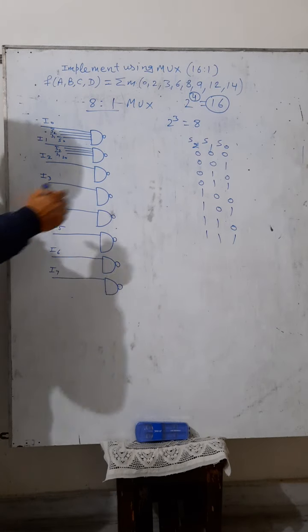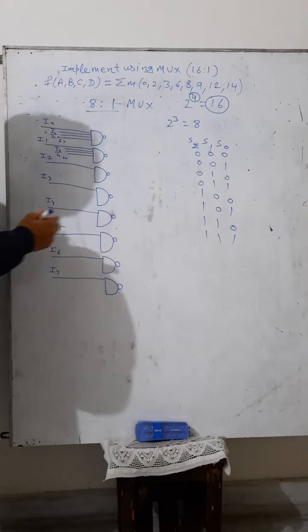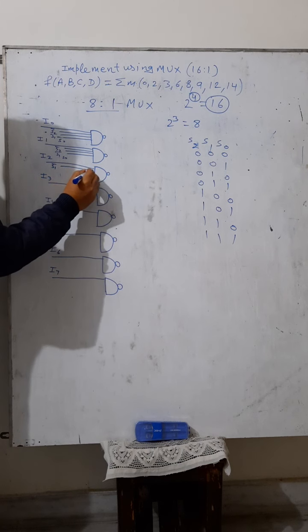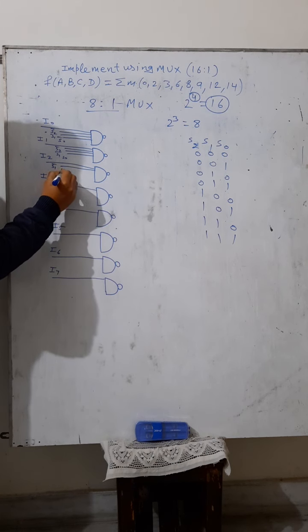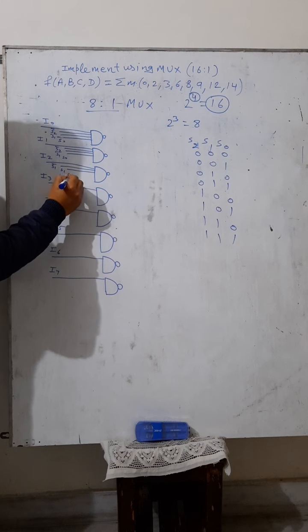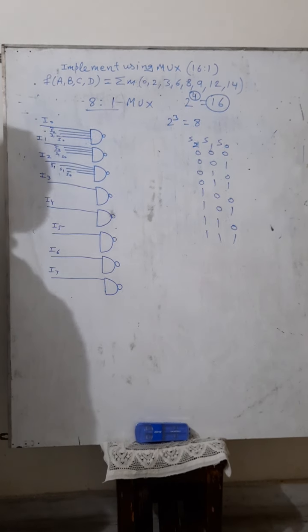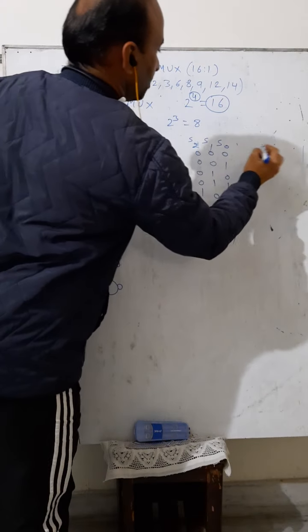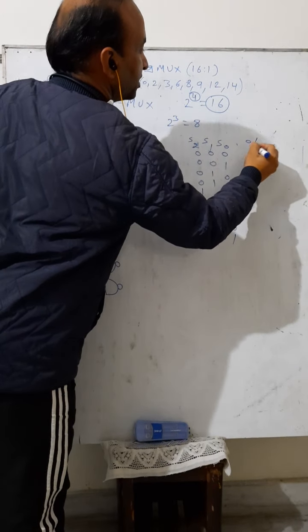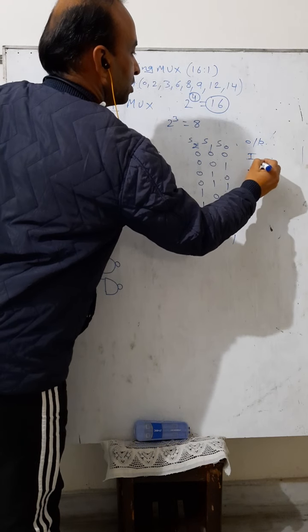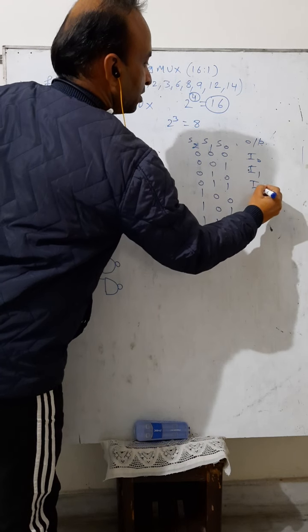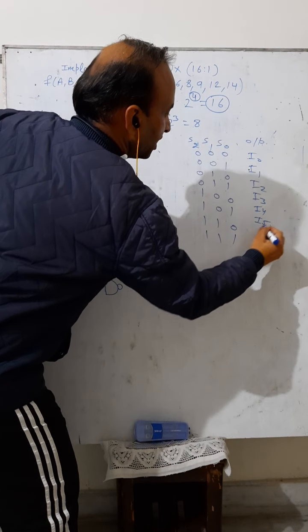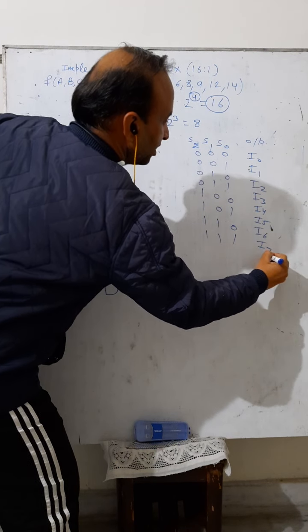Then 0, 1, 0 means S2 bar, S1, S0 bar. And again we can write the output as I0, I1, I2, I3, I4, I5, I6 and I7.